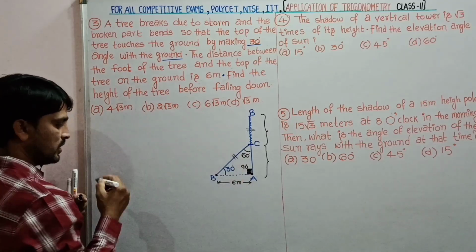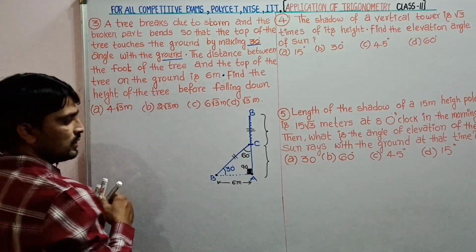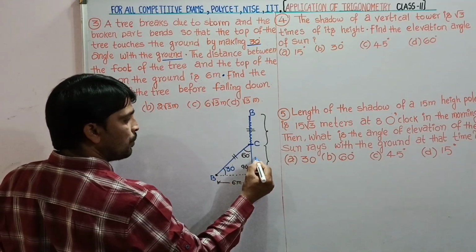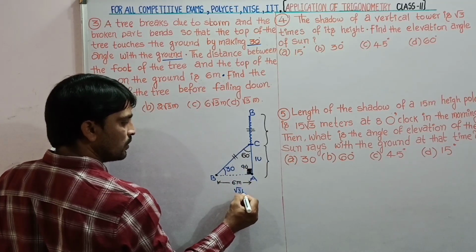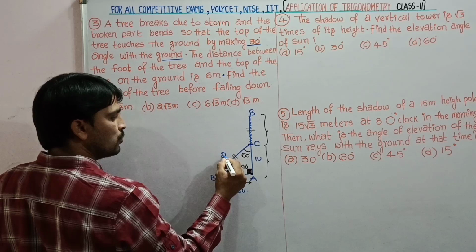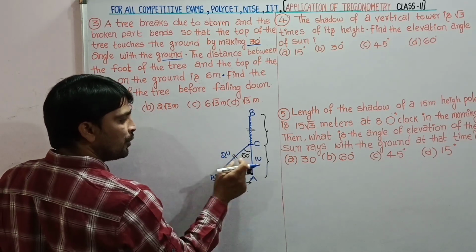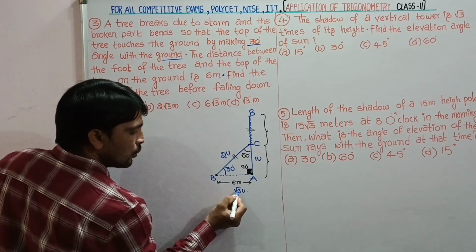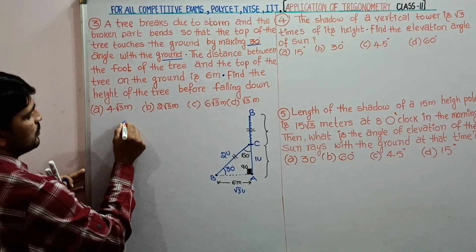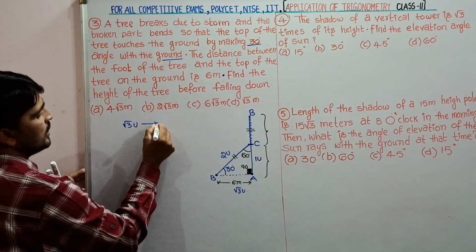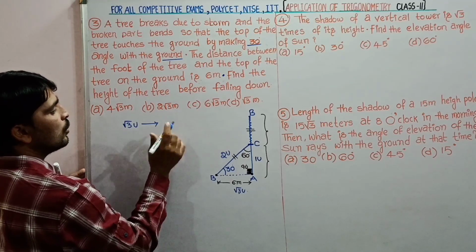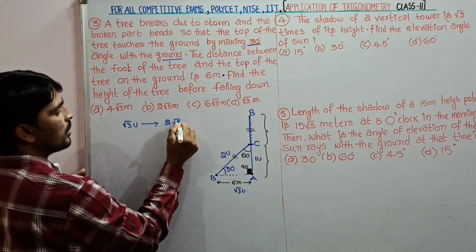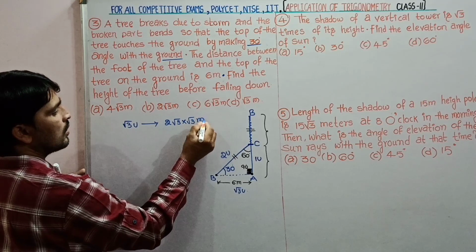So 30, 90, 60. But we know that in 30, 60, 90, if the side opposite 30-degree is 1 unit, then the side opposite 60-degree is √3 units and the side opposite 90-degree is 2 units. So we need the value of 1 unit and 2 units. √3 units value is 6 meters. Then 6 can be written as 2 into √3 into √3 meters.